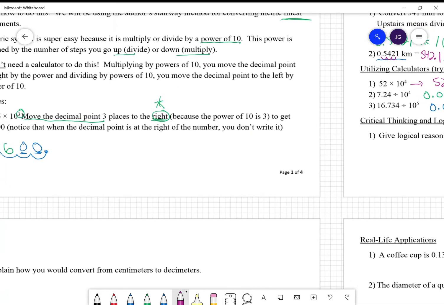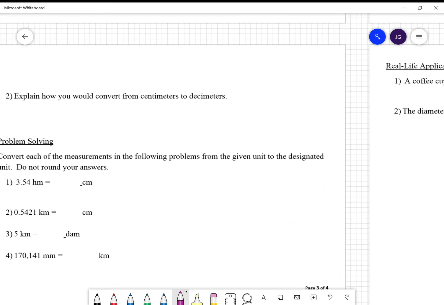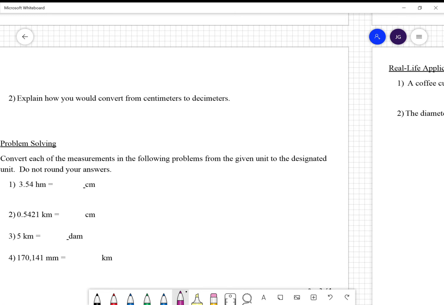Okay, next example. Explain how you would convert from centimeters to decimeters. There's also a little saying that will help you remember the steps. It's King Henry drinks milk during castle meetings. Kilometer, hectometer, decameter, meter, decimeter, centimeter, millimeter.